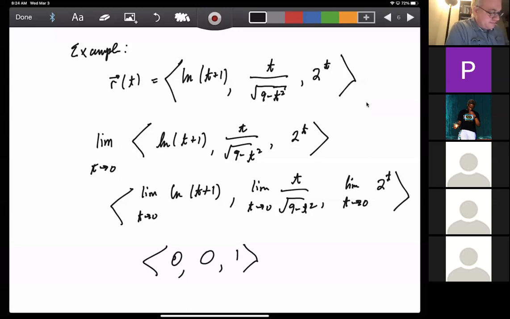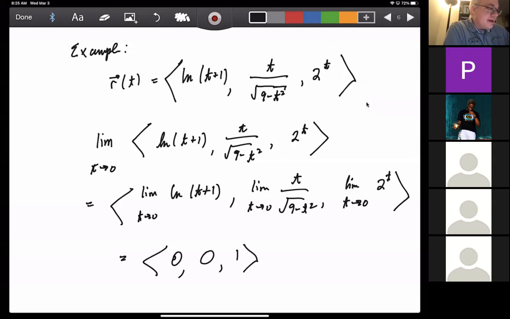And continuity for vector functions, in a sense, works the same way as limits work. We say that the vector function is continuous at some point or on some interval if each of the component functions is continuous at the point in question or on the interval in question.